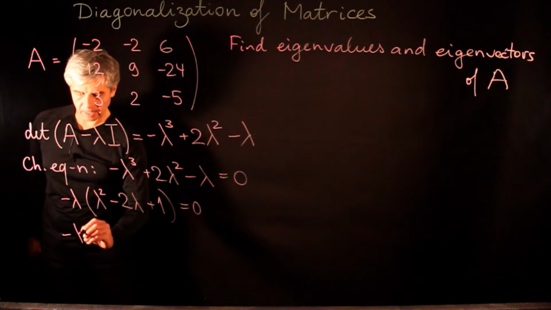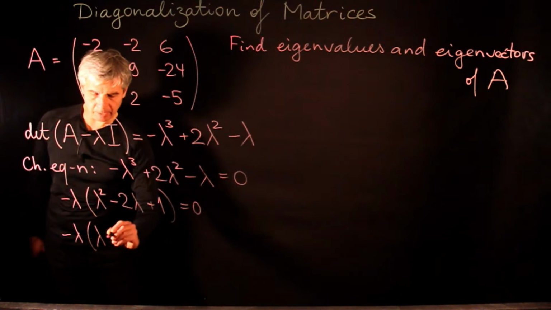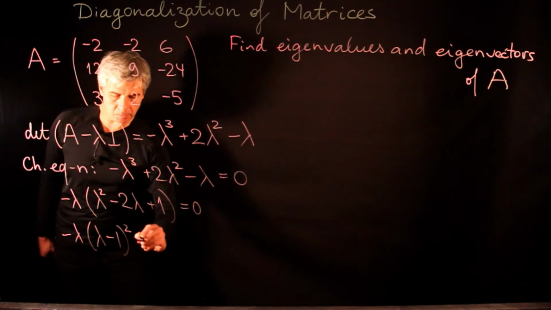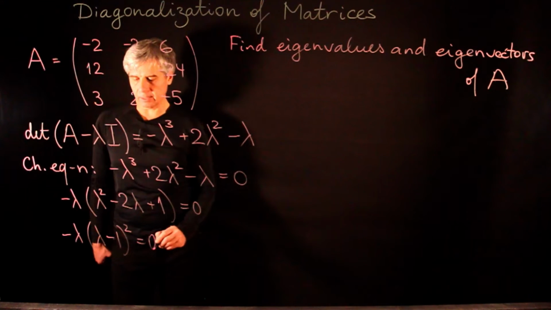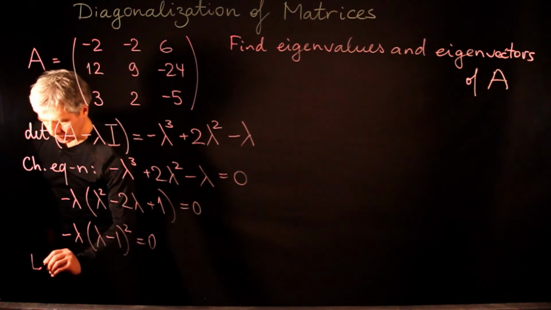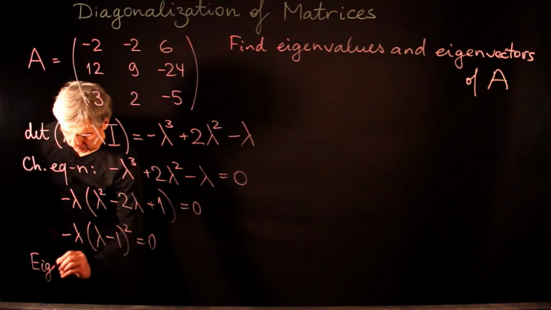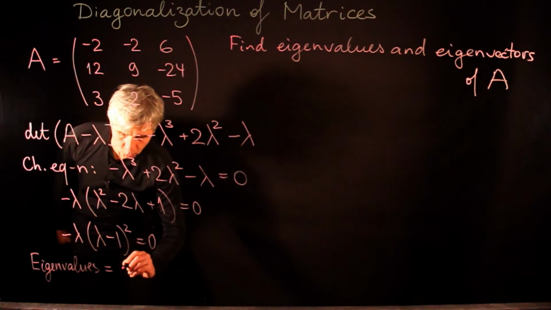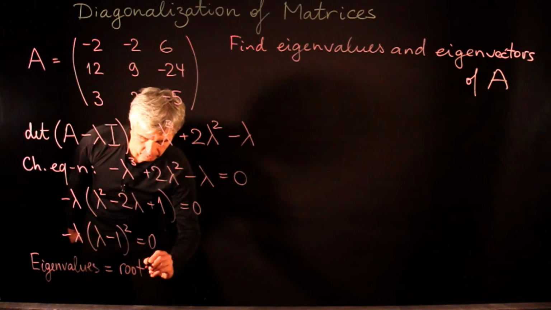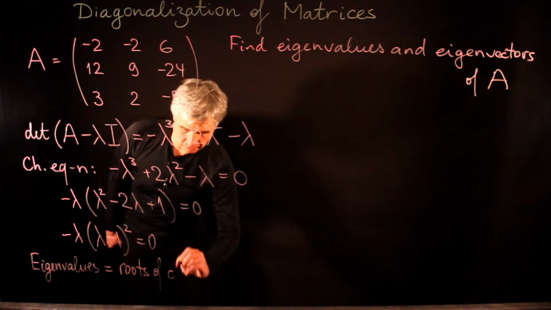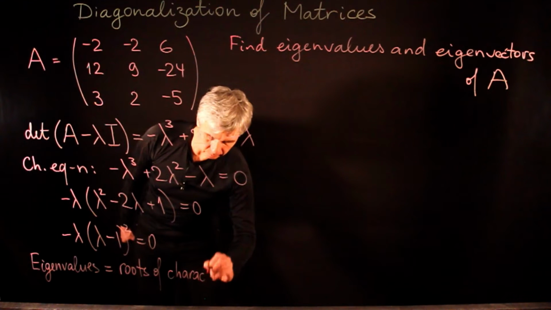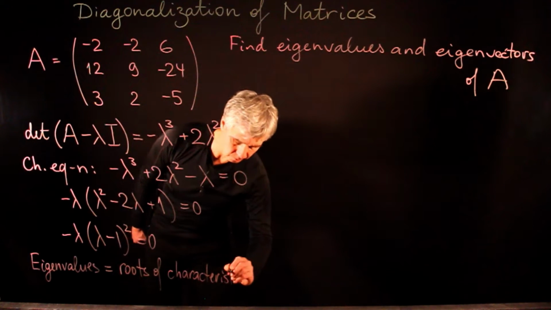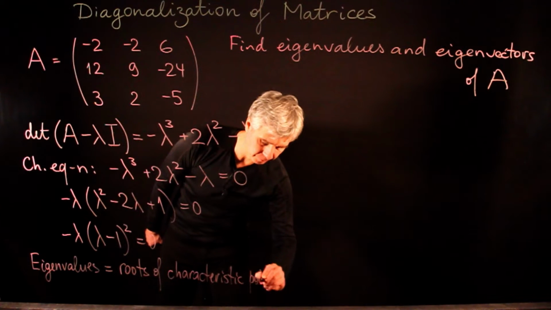So we get minus lambda times lambda minus 1 squared is equal to 0. And so eigenvalues are roots of the characteristic polynomial.